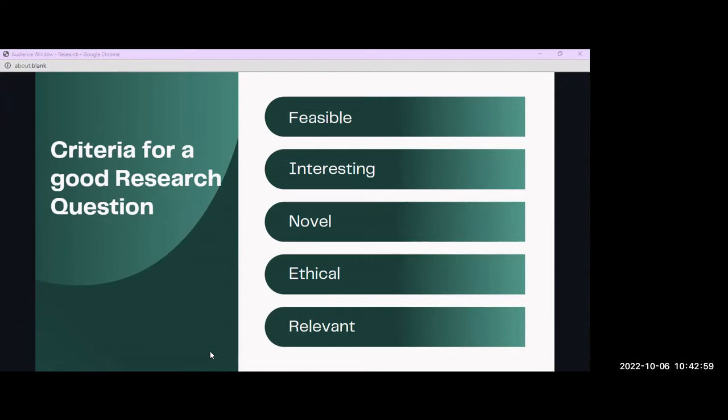So that you will not have difficulty when it comes to the data gathering aspect. Okay? So, the affordability when it comes to time and money, that's also very important as one of the feasibility.